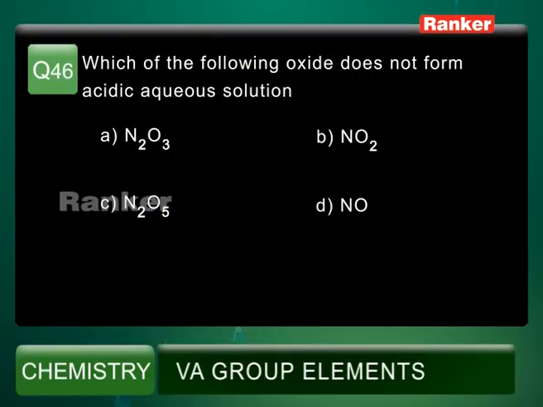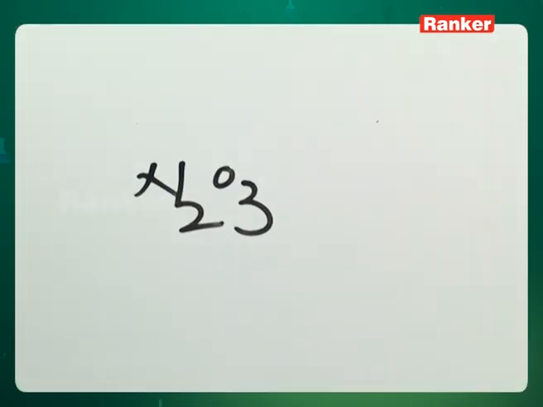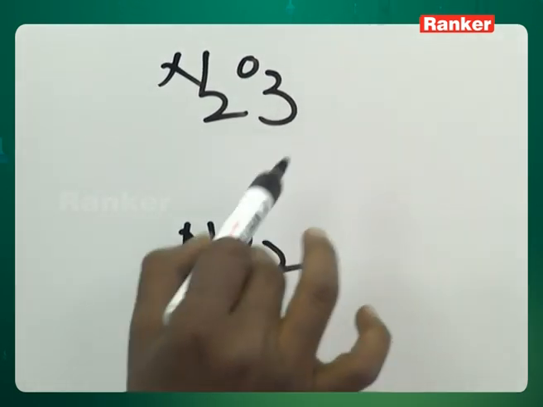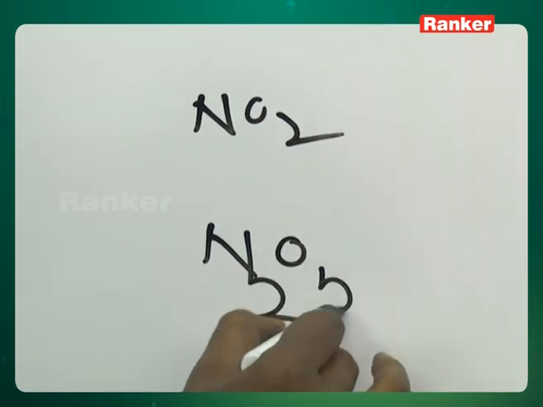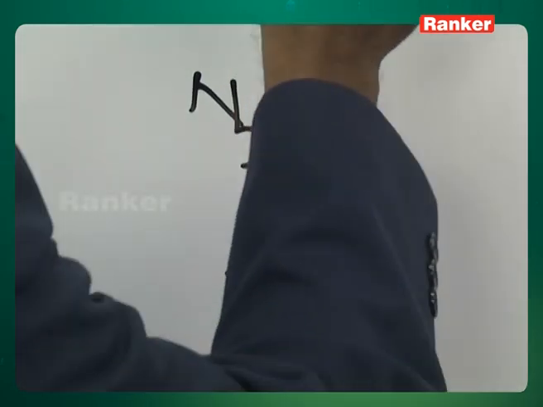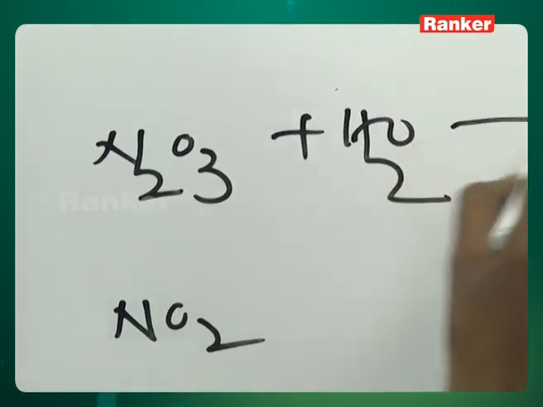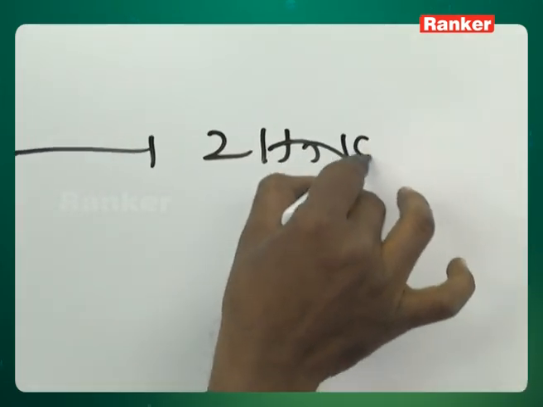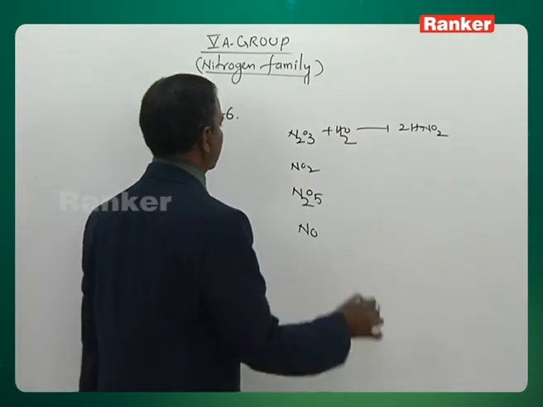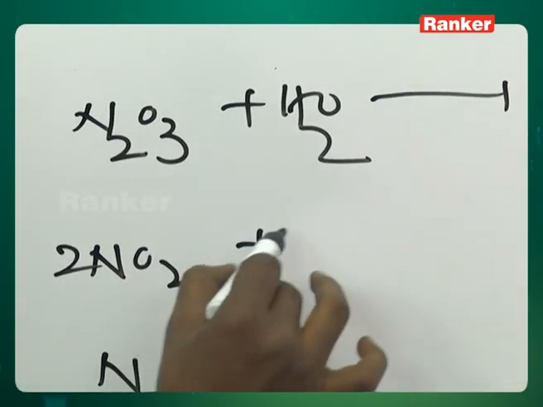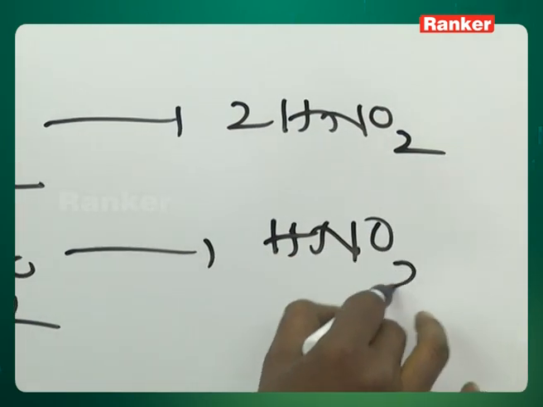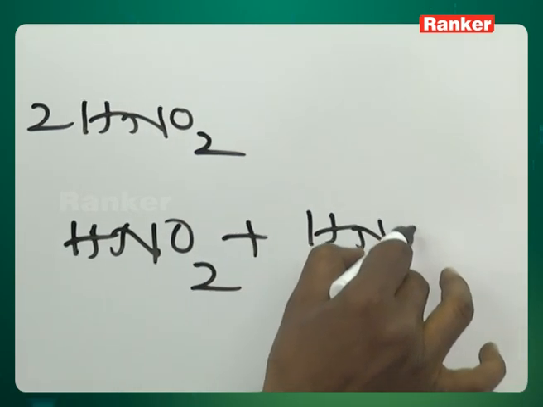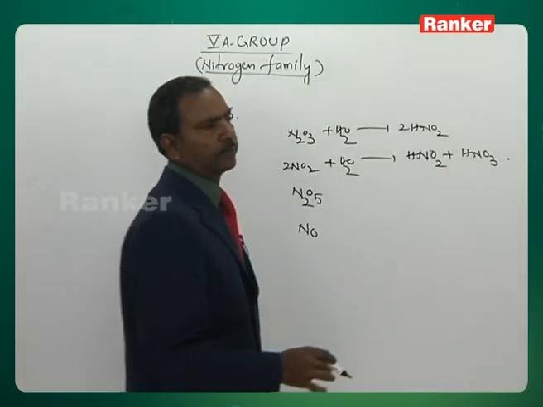Coming to A, N2O3, NO2, N2O5 and NO. See, N2O3 put into water is producing nitrous acid, an acidic solution. NO2 plus water is producing a mixture, HNO2 and HNO3, yes, acidic solution.